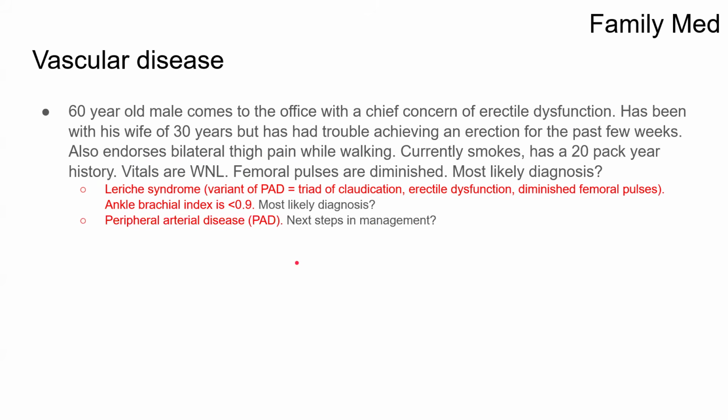An elevated ankle brachial index is usually associated with calcification or stiff vessels, because the walls are so much stiffer, so the pressure in the chamber increases. That's why you would have an elevated ankle brachial index. So if you ever see an elevated ankle brachial index, that's usually in the setting of stiff vessels as opposed to PAD.